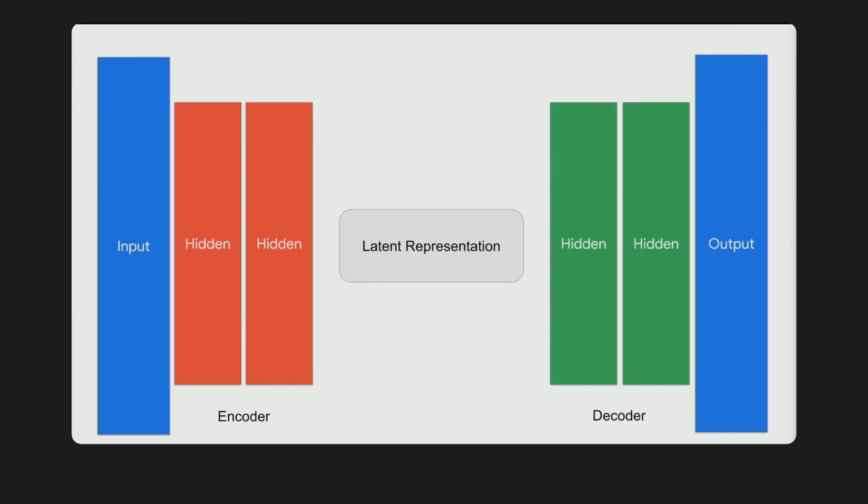But that's not what we want when we want to do anomaly detection. We don't want to use the variational autoencoder. We want to make sure that the decoding part of this will only work really well for the type of data that it was trained on. So if we're giving it anomalous data, it's going to fail, and that's what we want.